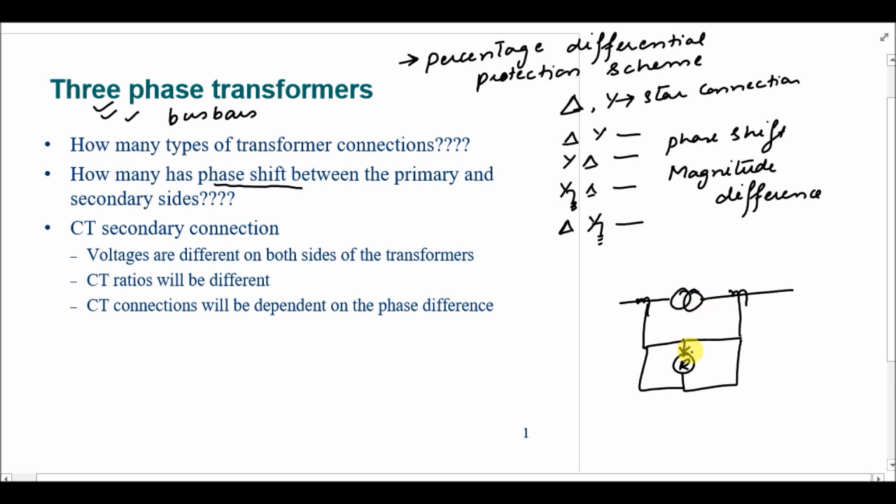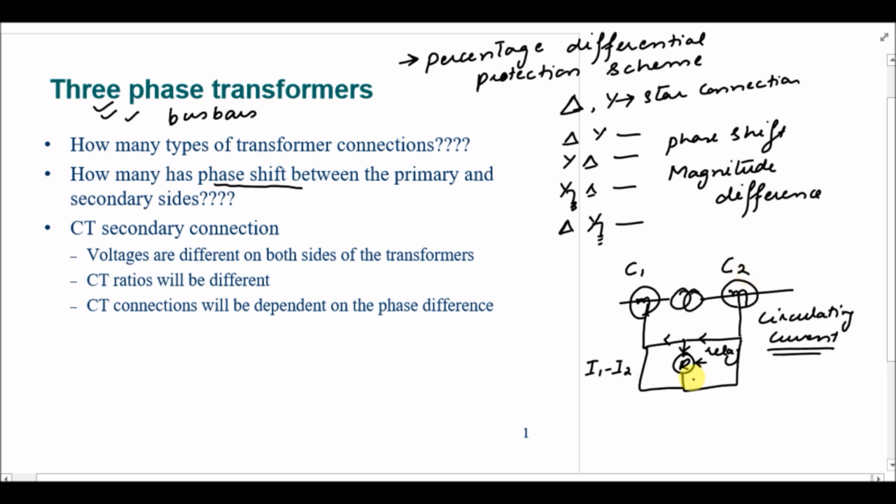The spill current is flowing through this relay, and the current that is in this branch is known as circulating current. The spill current passing through the relay is I1 minus I2, which is actually the differential current of the two CTs. This is CT number 1 and this is CT number 2.